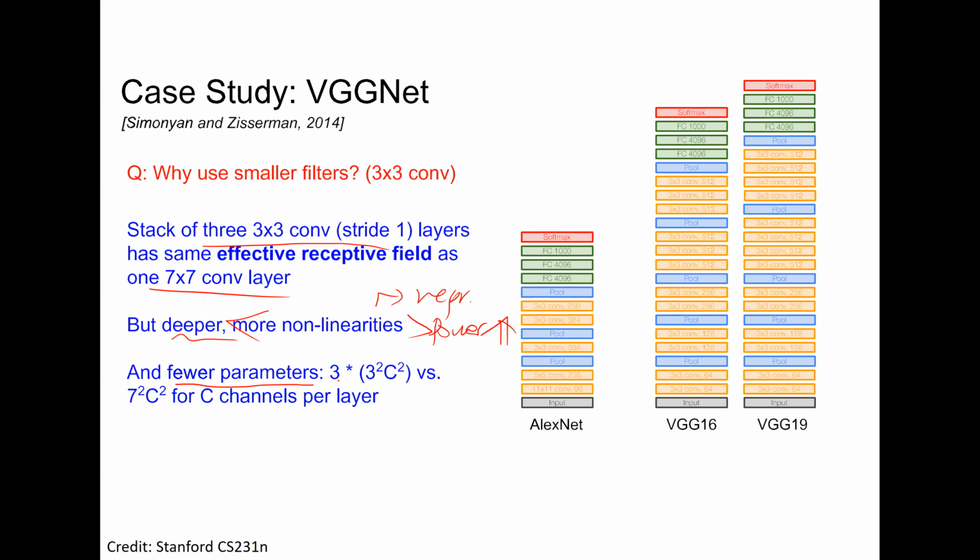For three 3x3 convolutions, we need to use 3 times 3 squared C squared parameters. However, in the case of a 7x7 filter, we need to use 7 squared C squared parameters for C channels. Therefore, we can make the representation power stronger by using a smaller number of parameters. That's the idea behind VGGNet.